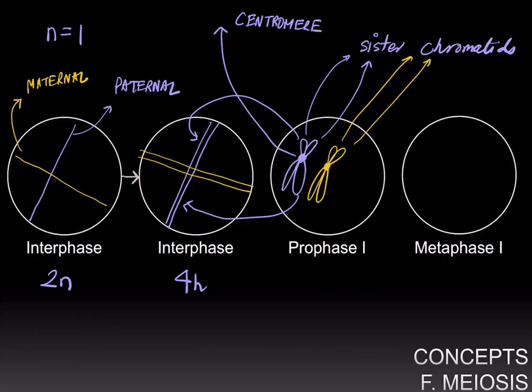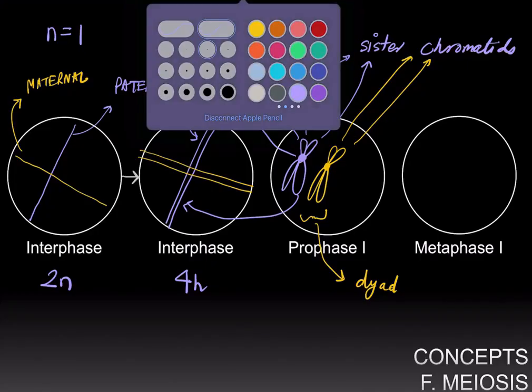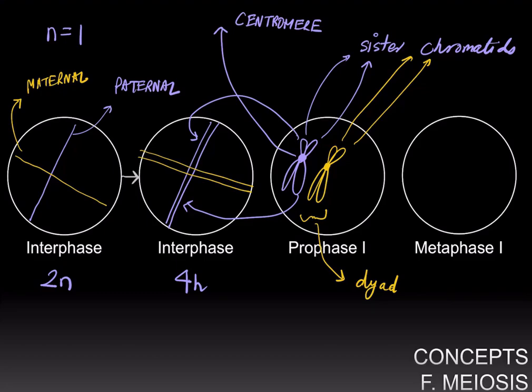Now, each pair of sister chromatids is called a dyad. And there are 2 dyads here, one from the maternal chromosomes and the other from the paternal chromosomes.